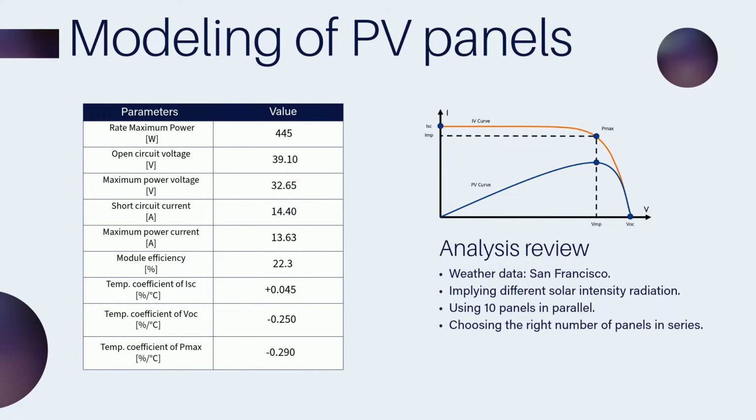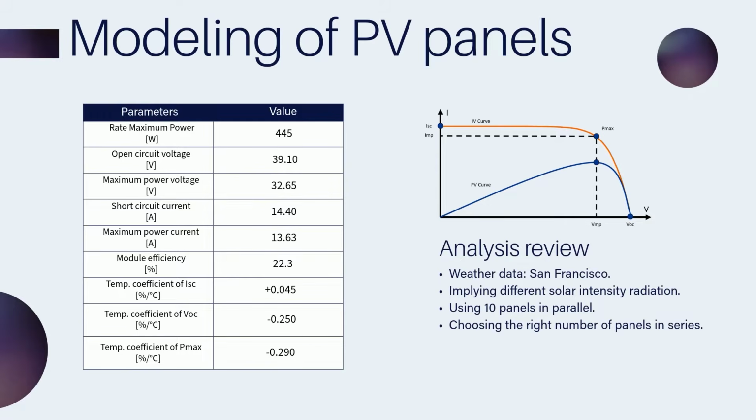The fixed and constrained number of modules that are used in parallel is 10. It's fixed. The thing that we have to change and play with is choosing the right number of panels in series. So it's important to define these panels in series depending on your problem. For this problem that I've chosen, I'm going to discuss what the number will be.